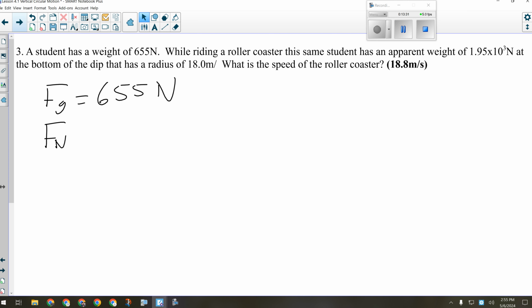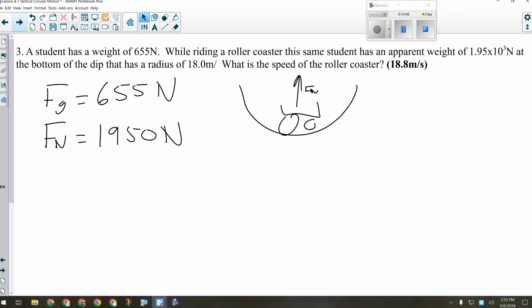Well, apparent weight is normal force. At the bottom of a dip, that's useful information, although that's really the only place they could be that much heavier. So we've got normal force and gravity, and the radius is 18 meters.